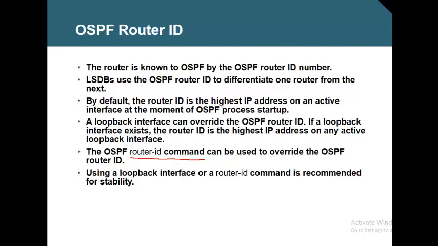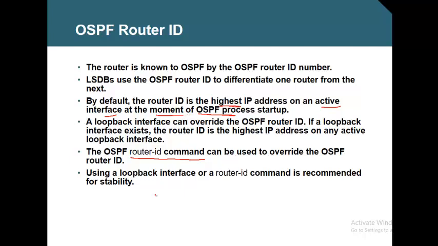It picks the highest IP address from the active interfaces at the moment when you configure OSPF. Repeating again, it's important: at the moment, meaning when you configure OSPF, it will see what all the interfaces are and what all the IP addresses on those interfaces are.